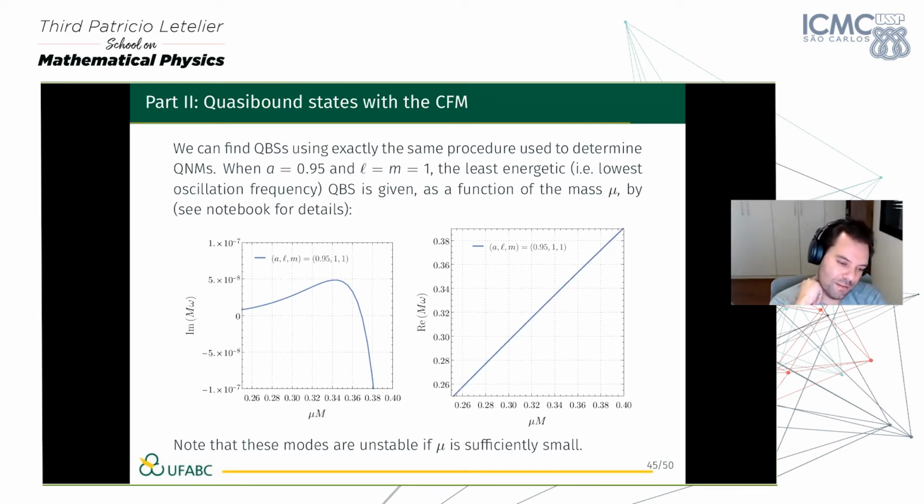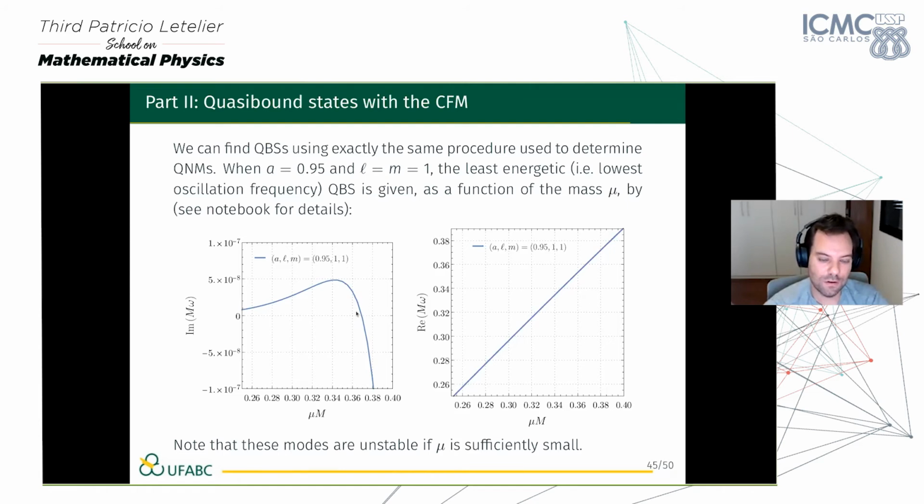But people realized, I think the first analysis, still at the linear level, was in 2012 or something like that, by Hod, and then some people, Carlos Herdeiro and a collaborator, studied the problem in a nonlinear setting, solving the actual Einstein equations coupled to a Klein-Gordon field, and they found solutions which are basically analogous to this stationary cloud around the Kerr black hole.